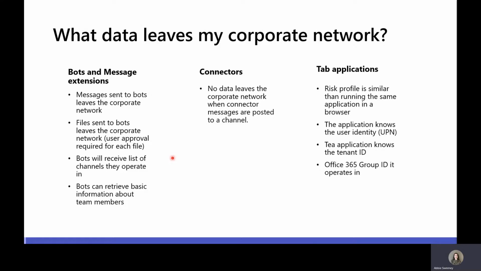Connectors, no data leaves the network when connected to posts in the channel, and tab applications, as I mentioned earlier, are very similar to the browser application, which means the risk profile is very similar to running the application in the browser. So it gets very basic information like the UPN, the tenant ID, the Office 365 group ID, and a couple of other pieces.